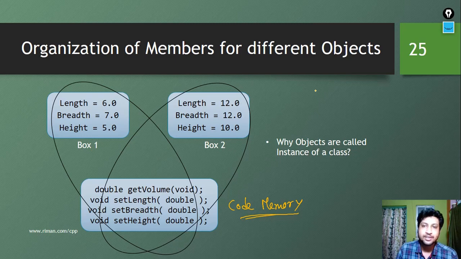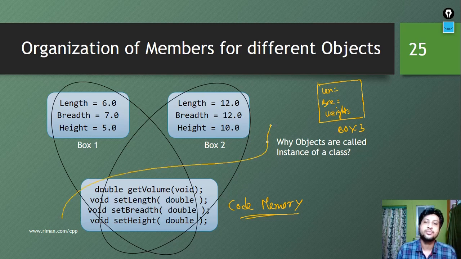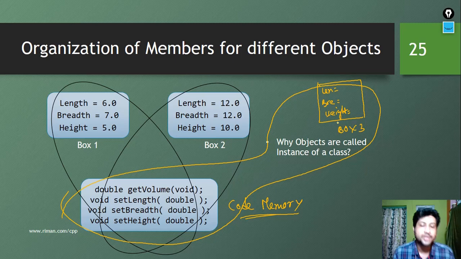So if you create another object, say box 3, what will happen? It will also get its own copy of length, breadth, and height. But again, these member functions will be shared with this one as well.